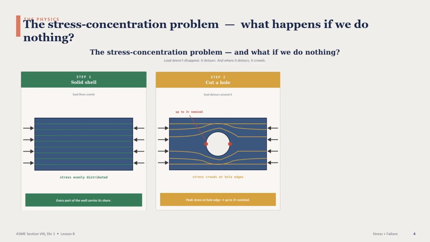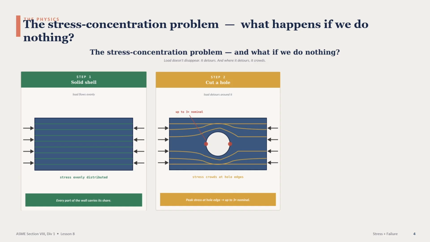Now cut a hole in the middle. What happens to those stress lines? They can't go through the hole anymore. So they detour. They crowd around the edges of the hole to get past. Look at the pattern. The lines that used to pass through the middle are now squeezing tightly along the sides of the opening.